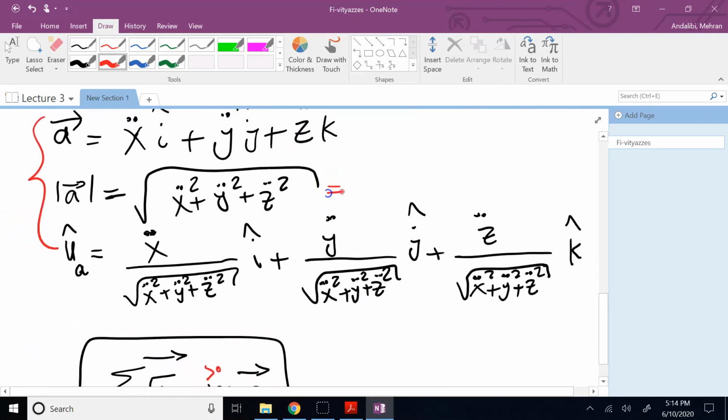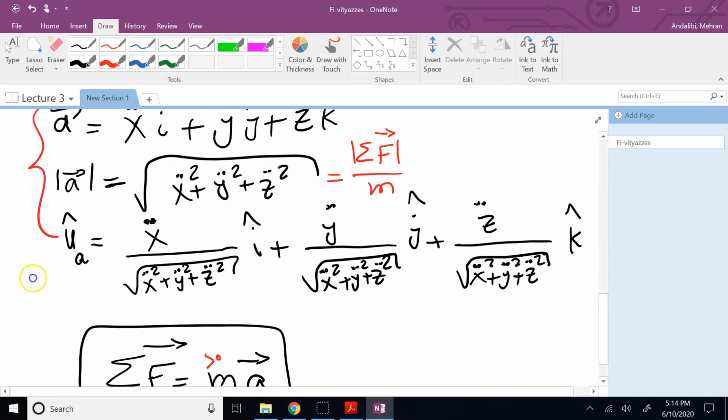This is also equal to the magnitude of the sum of the forces divided by m. So it is an indicator of total forces, the magnitude of the resultant force that is applied on the object scaled down by the mass of the particle. Okay, so it shows how much force is applied on the object. The bigger the magnitude of a is, the bigger the resultant force is.